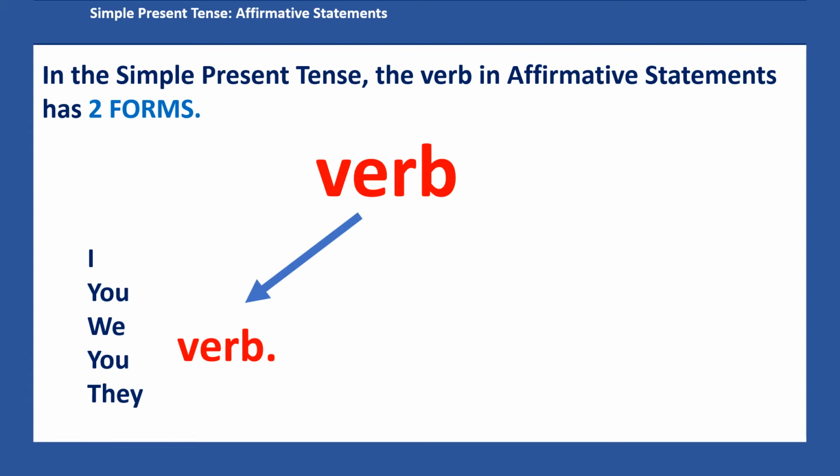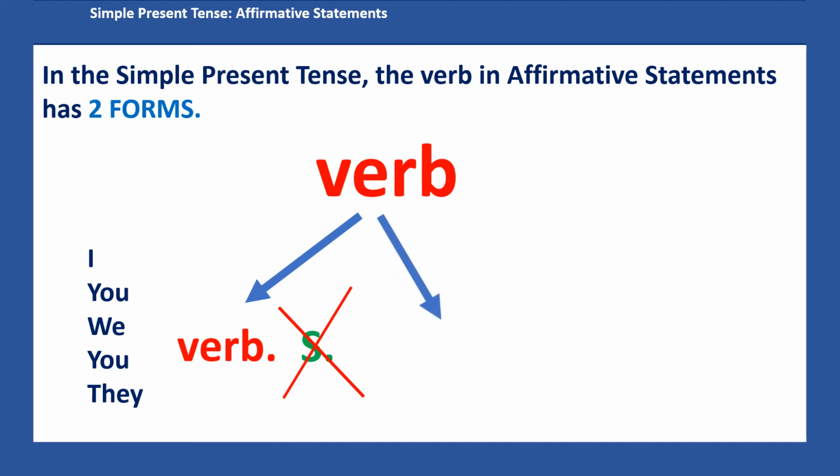You work every day. We work every day. You work every day. They work every day. So the verb is just the word work. There is no S. So that is one form. The verb with no S for I, you, we, you, they.